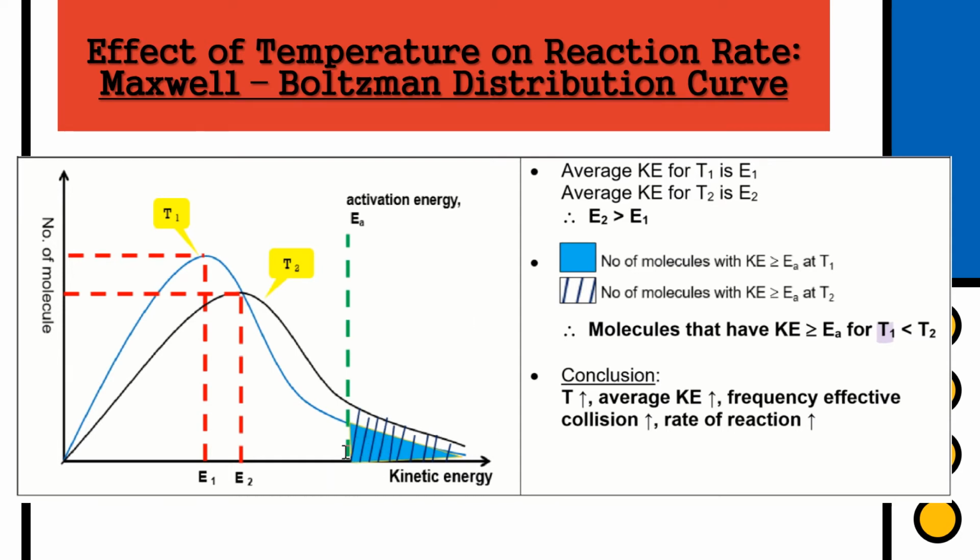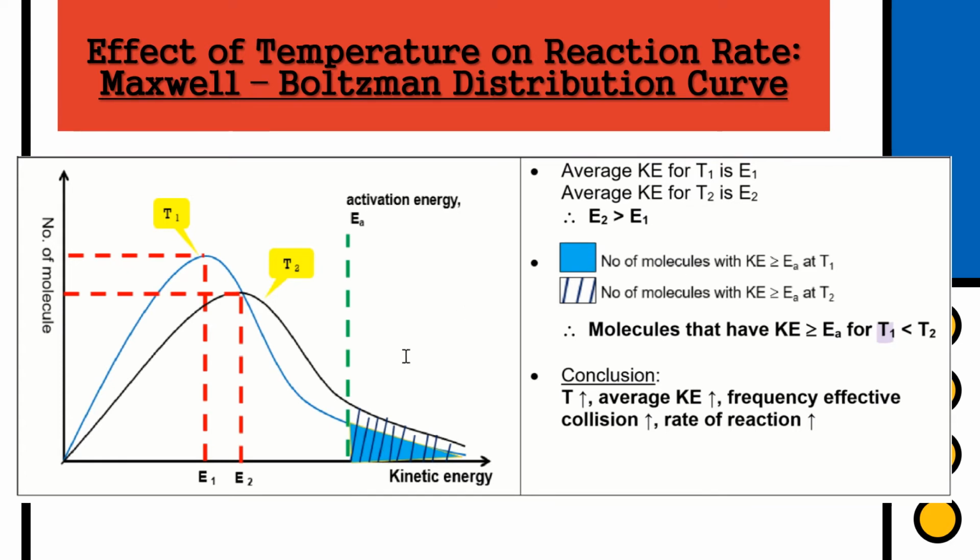If you look at the shaded area, the area under the graph after the activation energy, you can see that the blue one is for T1, and the blue lines here are for T2. As you can see, the area under the graph for T1 is smaller compared to the area under the graph for T2.